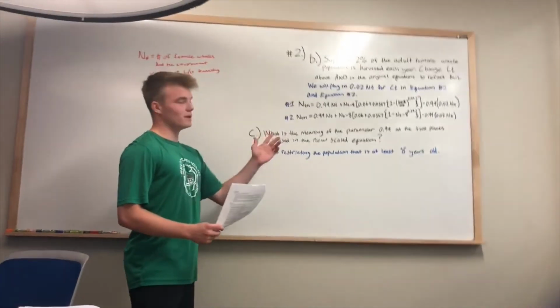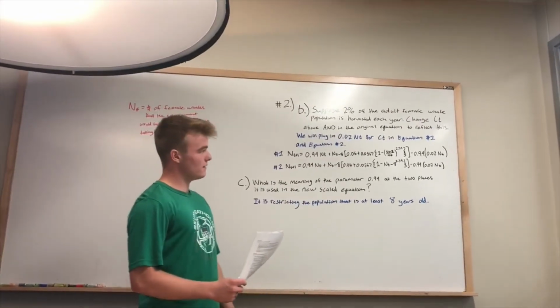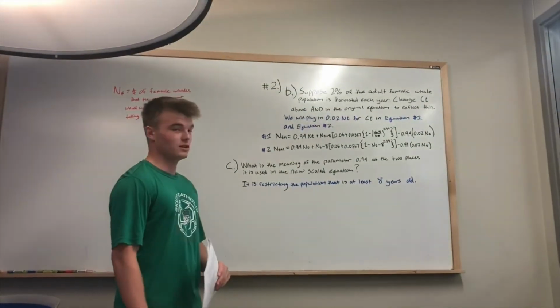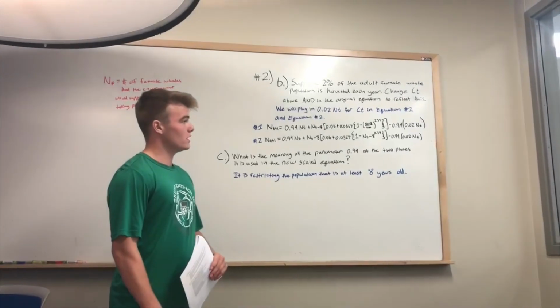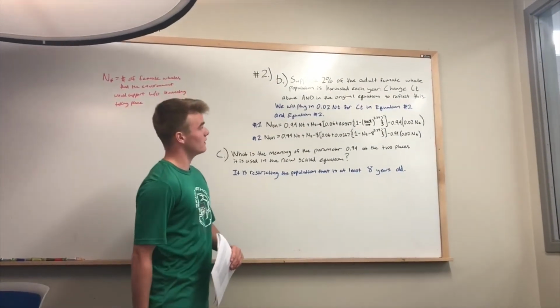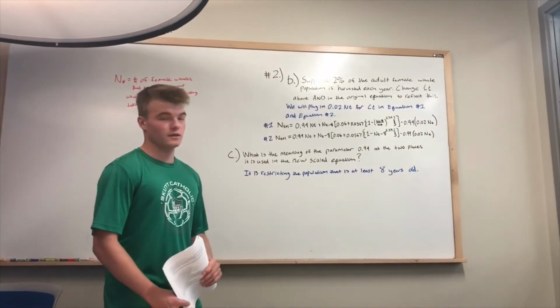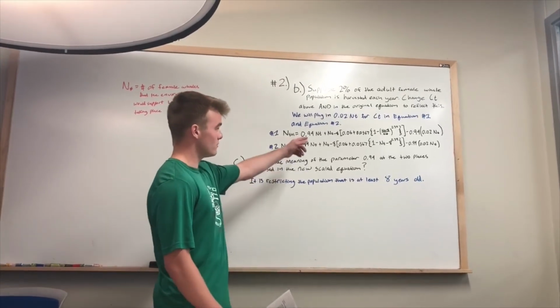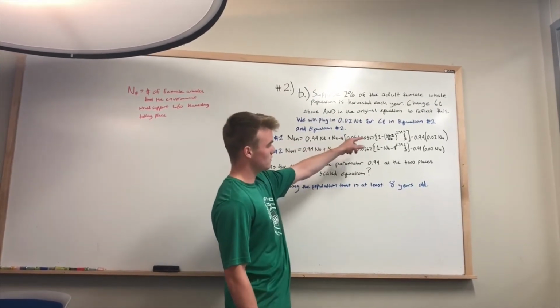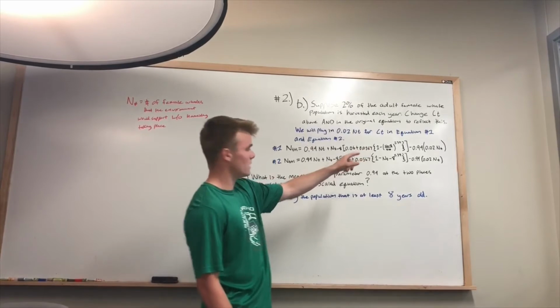Question number 2, part B, asks us, suppose 2% of the adult female whale population is harvested each year. Change C of t above and in the original equation to reflect this. So we will plug in 0.02 n sub t for C sub t in equation number 1 and equation number 2.